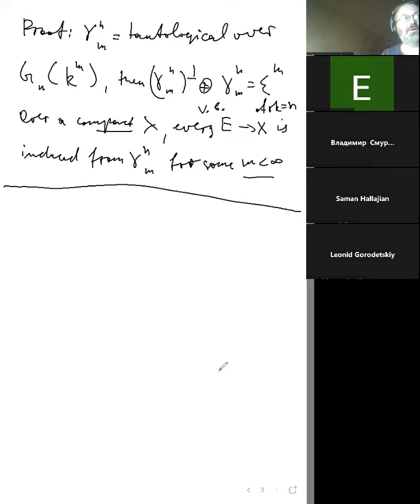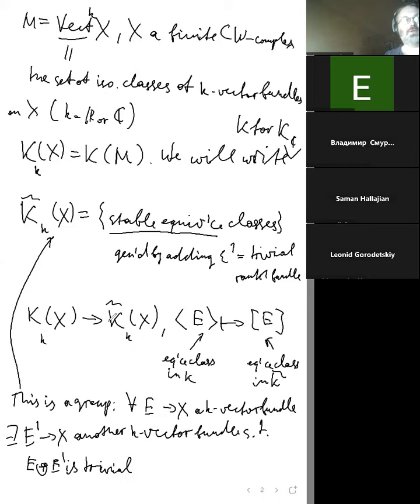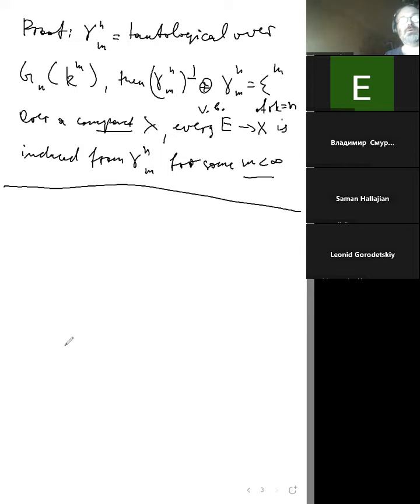Okay. Now we have constructed a map from K to K tilde. Let's construct a map in the opposite direction. We're running out of time again. Never mind.